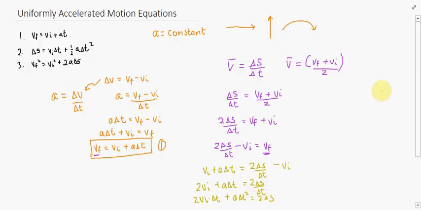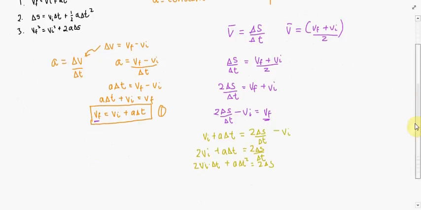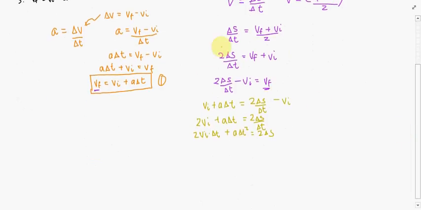And then what I'll do to get rid of these 2's is I'll divide everything by 2. Pretty straightforward. If I divide this by 2, it just gives me vi times delta t plus, if I divide this by 2, 1/2 a delta t squared is equal to, and if I divide this by 2, it just becomes delta s.